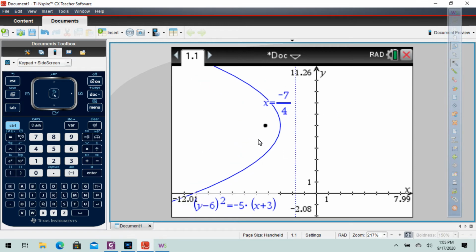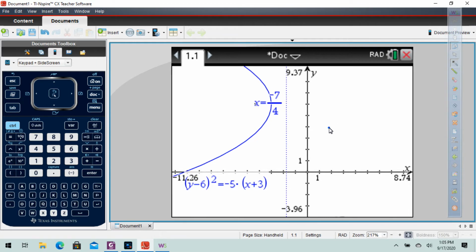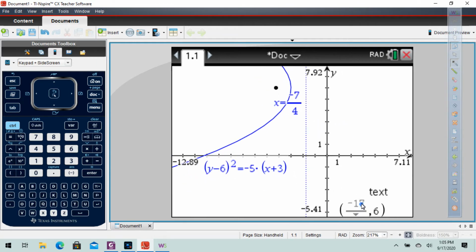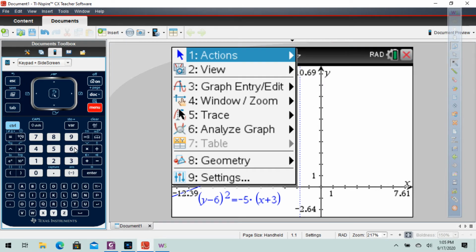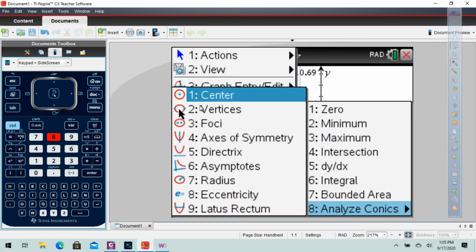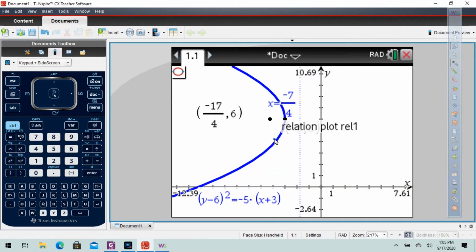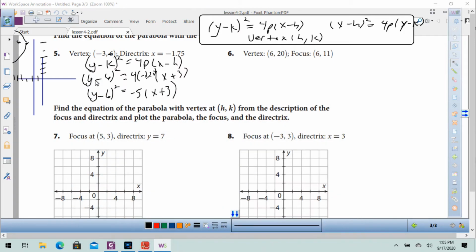And where is, oh, there it is. Negative 17/4, so did it in fractions. Okay. So that looks right, negative 7/4, and the vertex gives it to you, negative 3, 6. Negative 3, 6, and negative 1.75.